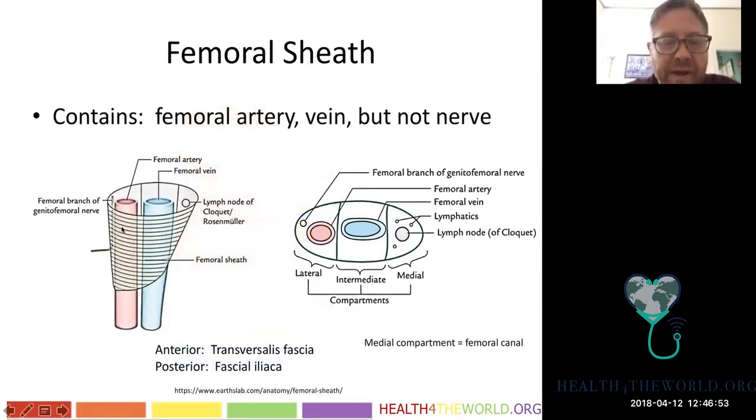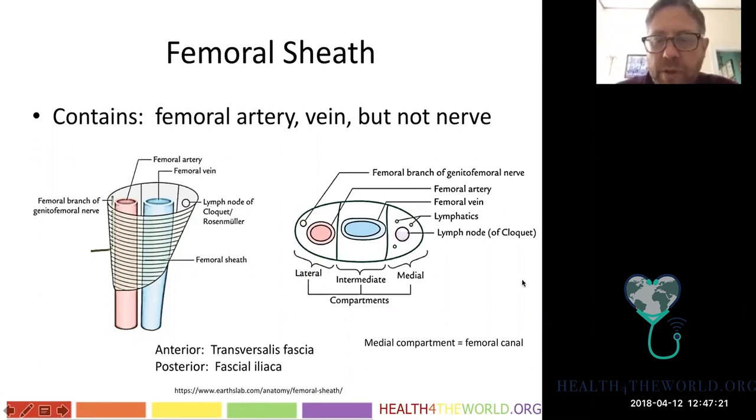Here it is again, another look at the femoral sheath, this woven mess of tissue here that contains the artery and the vein, and then there's a lymph node as well. Lymphatics are as well. So there's one nerve, which is the genitofemoral nerve, but most of the nerves are outside of the femoral sheath.